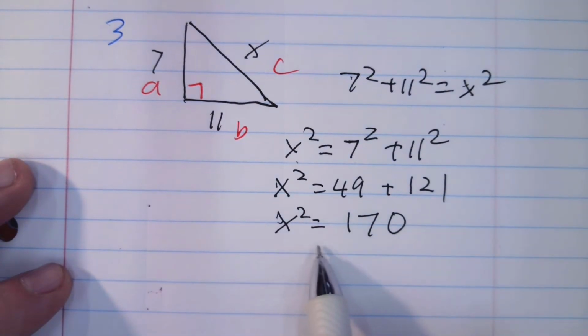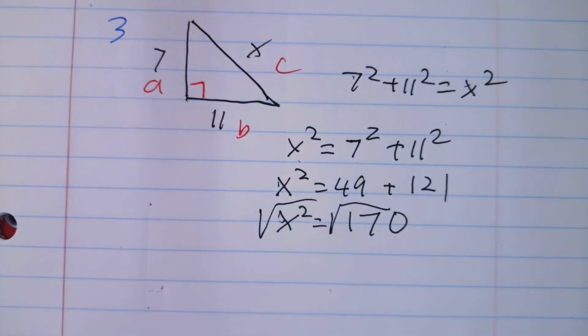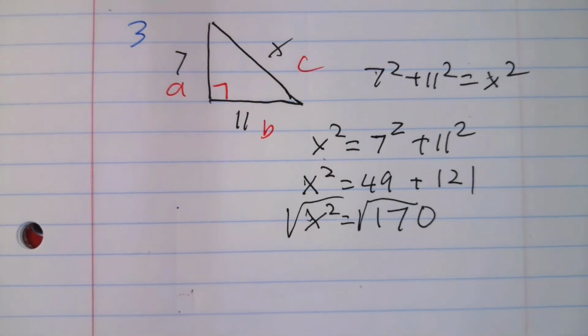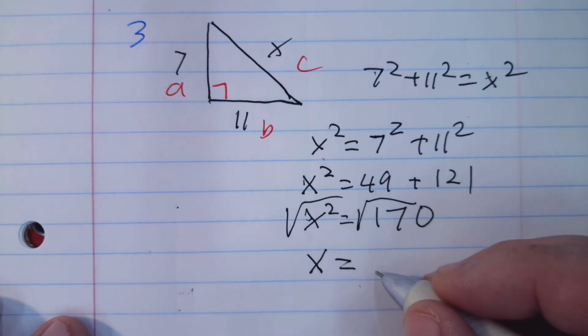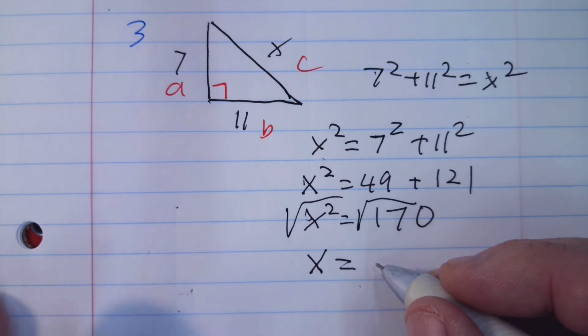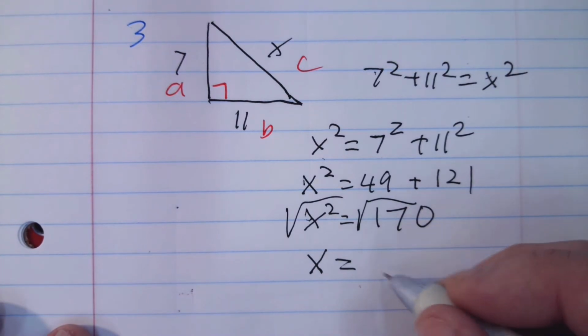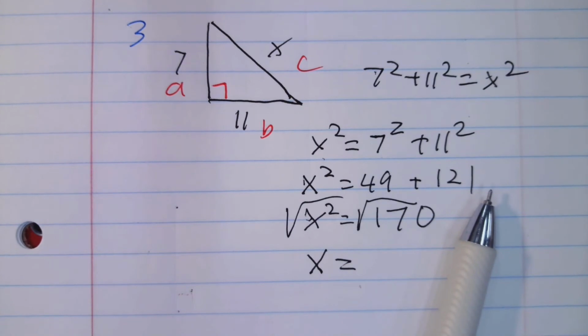So what is the square root of 170? Because isn't that the last step, algebraically? So x equals what? It's like 13 point something.